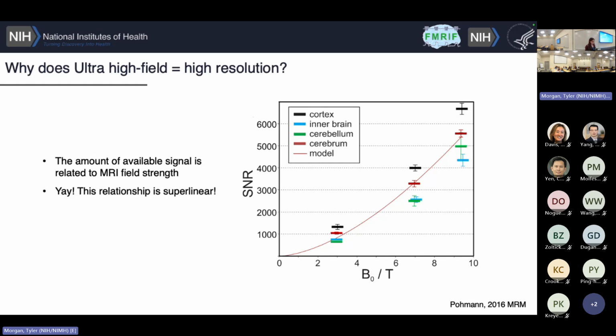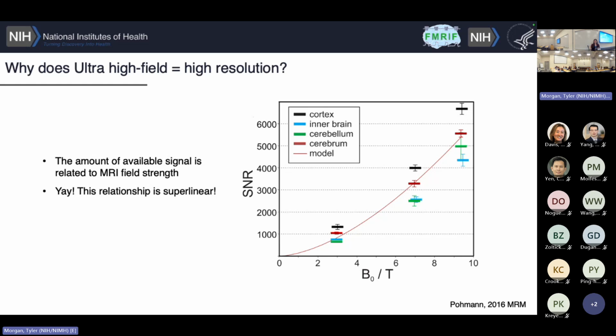And the really nice thing is that it's super linear. There have been a lot of debates, as we heard last week, about what are the types of things that actually make this super linear. But for the most part, most of our empirical data shows that you get more bang for your buck as you go to higher fields. So 7T is a nice place to be because essentially we are in kind of a sweet spot where we know how to make them quite well.